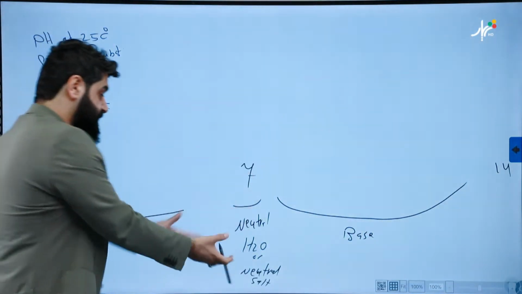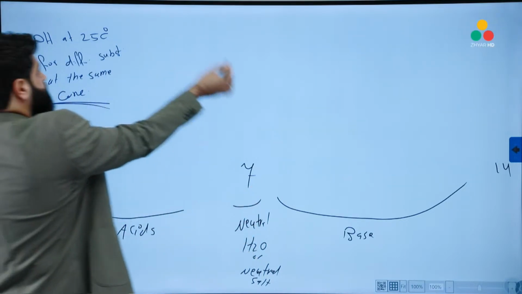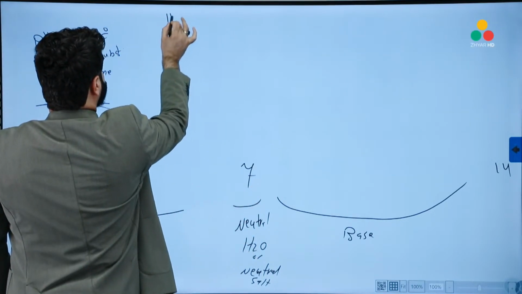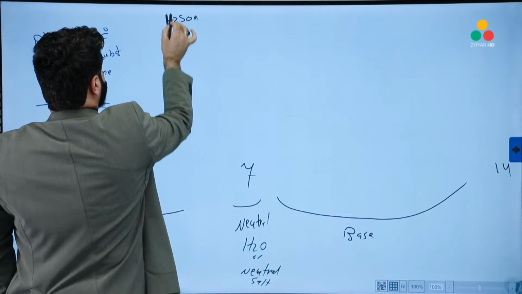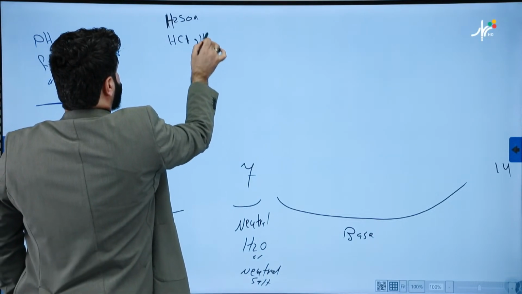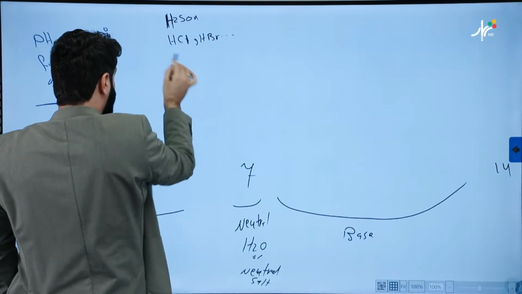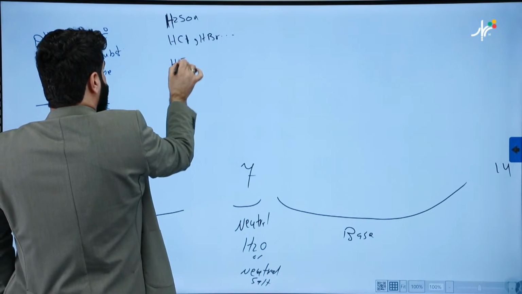Acids, bases, neutral. For the acids, we have the following acids. Example, H2SO4. Okay. We have HCl, HBr, and so on. And the weak acids like HF or H2CO3 or H3PO4.